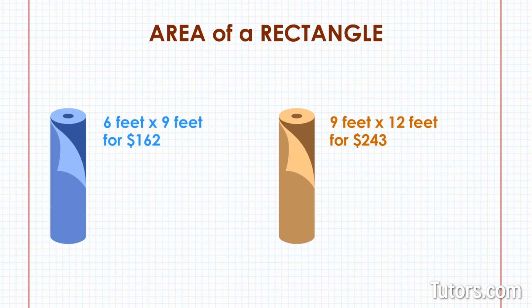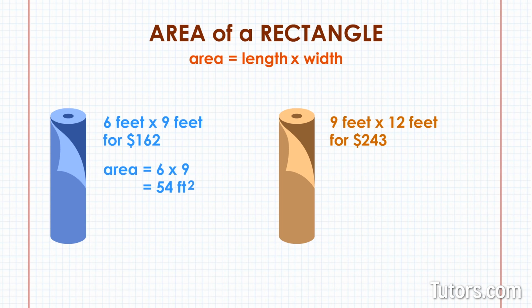First, calculate the areas of each rug. Area equals length times width. Area of blue rug equals 6 times 9, which equals 54 square feet. Area of brown rug equals 9 times 12, which equals 108 square feet. Now, divide the cost of each rug by its square feet.